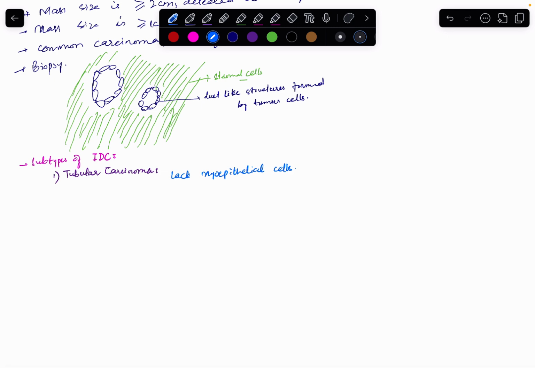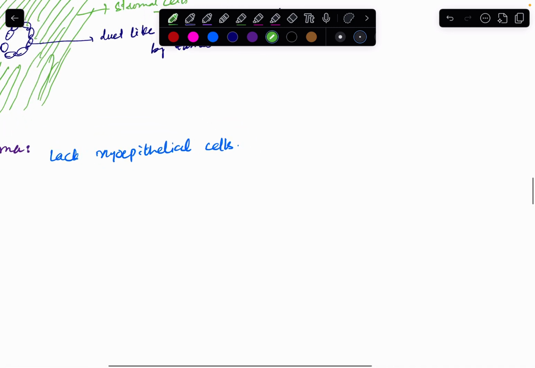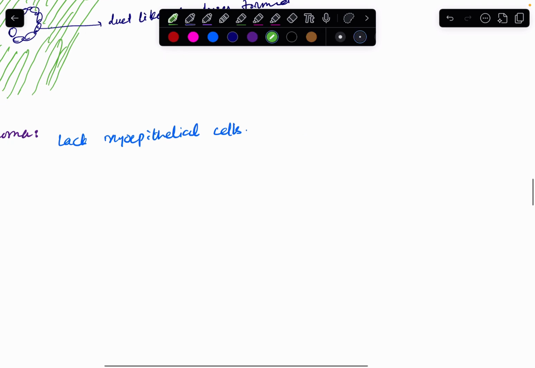If you saw my previous video, there I taught you that the lobules and the ducts, if this is a duct, the lobules and the ducts, they are surrounded by two layers of epithelial cells.